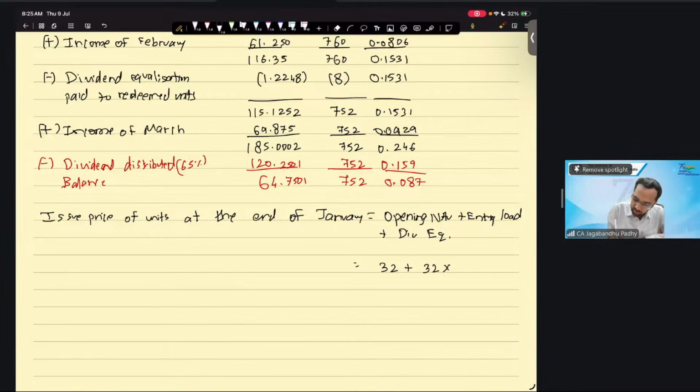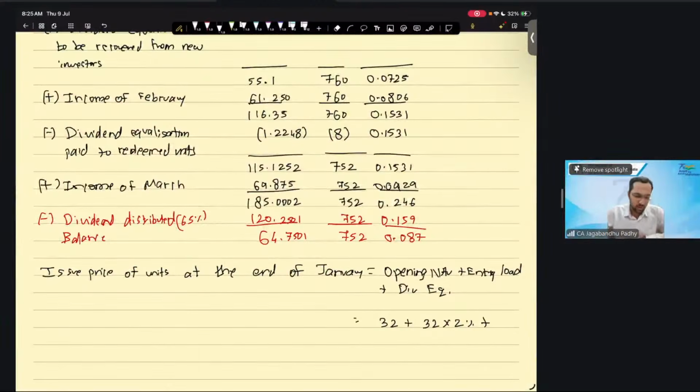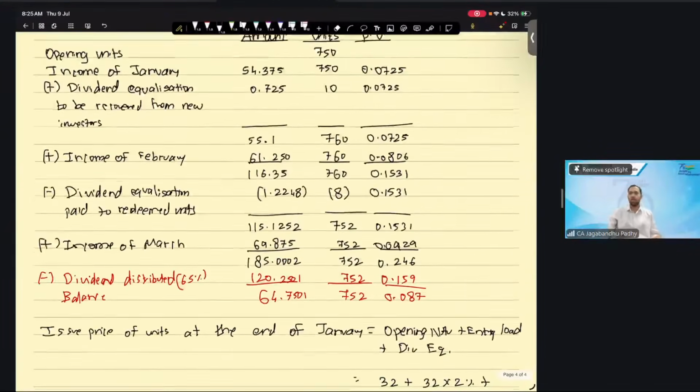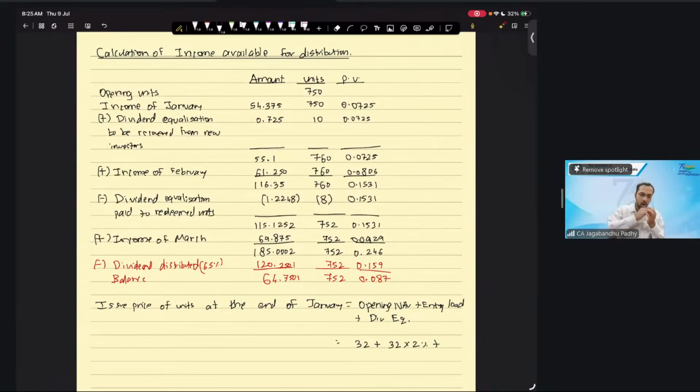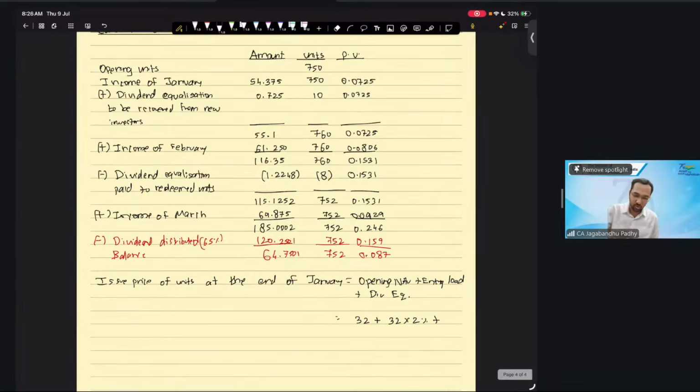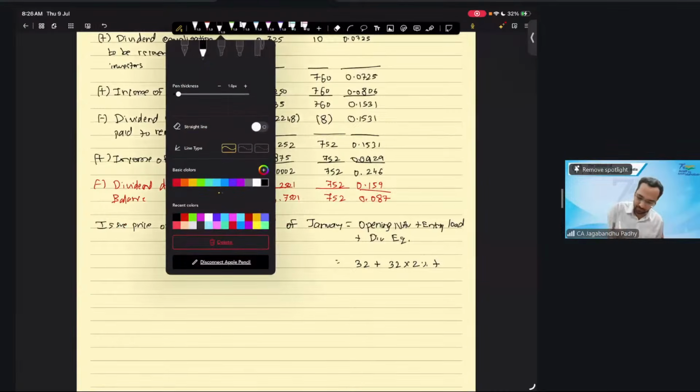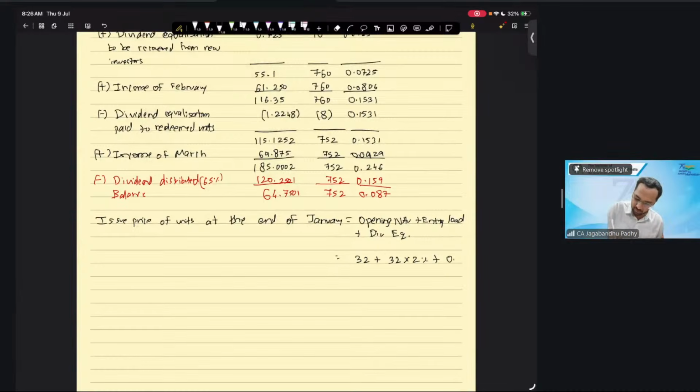So this plus 32 into 2% plus. What will be the amount of dividend equalization? The amount of dividend equalization for the month of January is 0.0725.